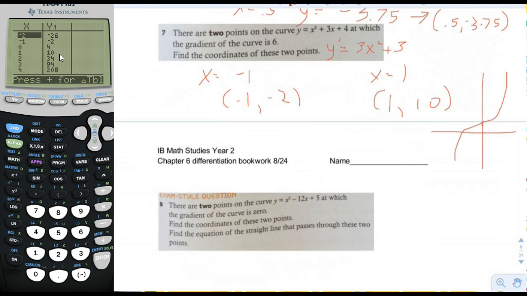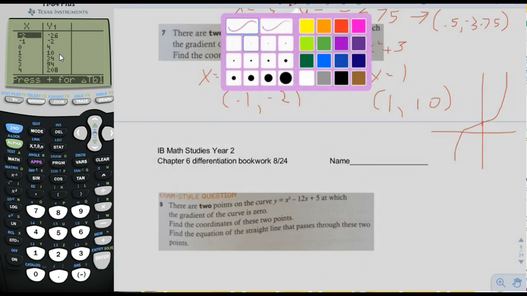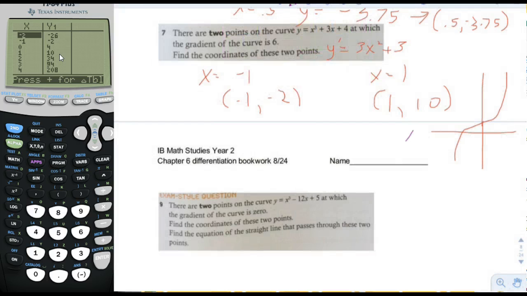Now, at what points is the gradient equal to 6? Well, if you drew the slope 6, it looks kind of like that. So you can see that it would be about here, and it would be about here. So like these are the 2 points where the original function has a gradient of 6, and those 2 points are these 2 points. Okay.